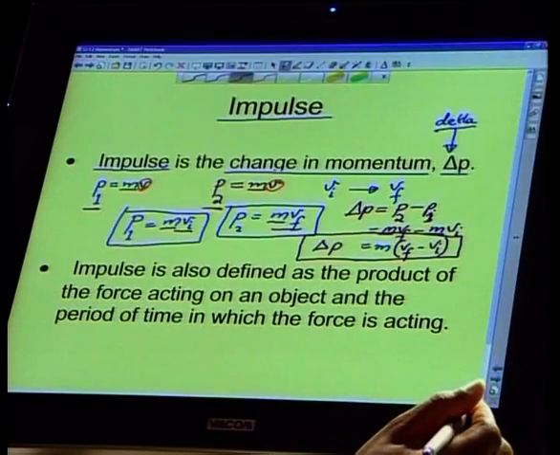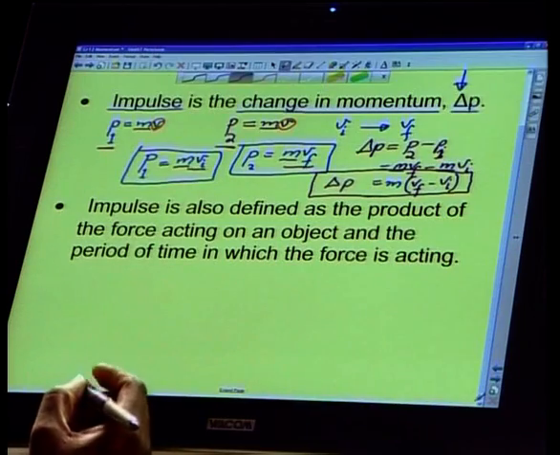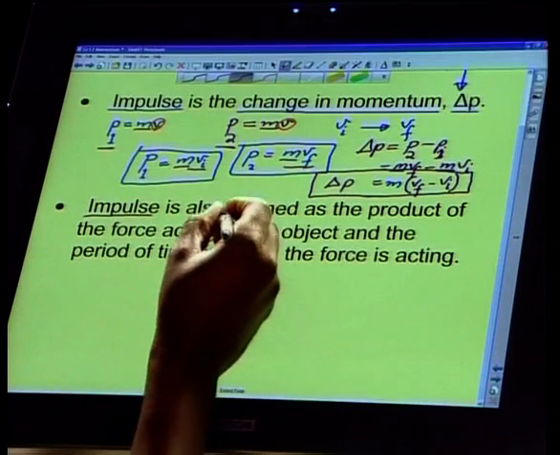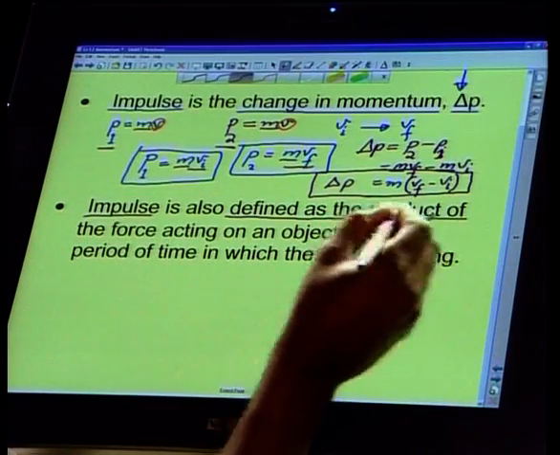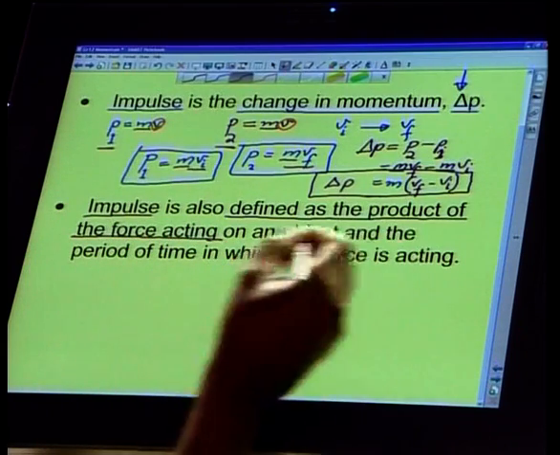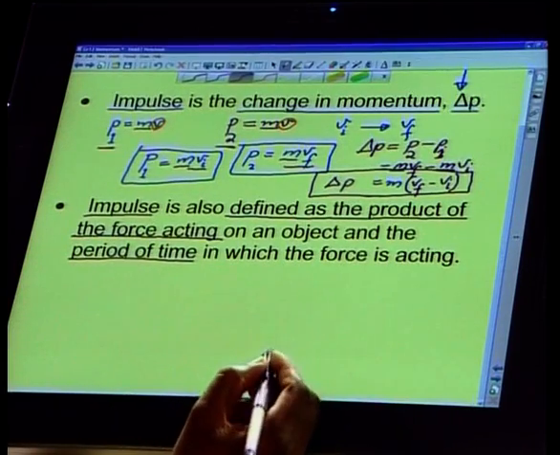Okay, now the second part that we need to talk about with regard to impulse is that impulse is also defined as the product of the force acting on an object and the period of time in which the force is acting.